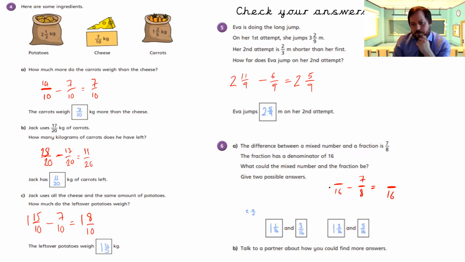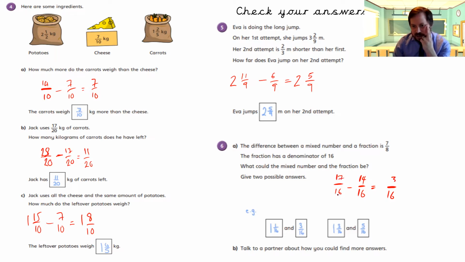There could be something here. Put this in terms of 16ths first. So times it by 2 and times it by 2. So 14 over 16. And then we just need something on the top. So if we had 1 as a whole number and 1 as the 16th, so that then would change to be 16 plus that is 17, and we'd have 3 left.